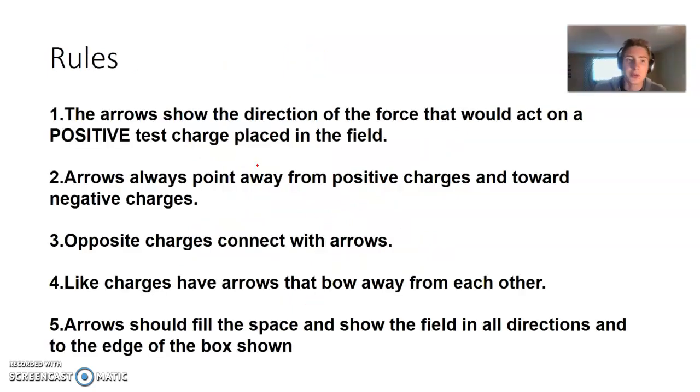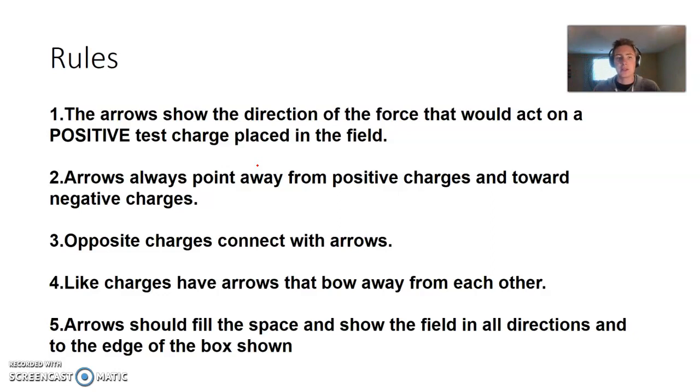So for all of our rules, the arrow should always show the direction of the force that would act on a positive charge. These don't work if you use a negative charge. So whenever you imagine those little charges I was talking about, always make sure they're positive. Arrows should always point away from positive charges and toward negative charges, right? And so when we have a positive piece, we'll have those arrows going out.